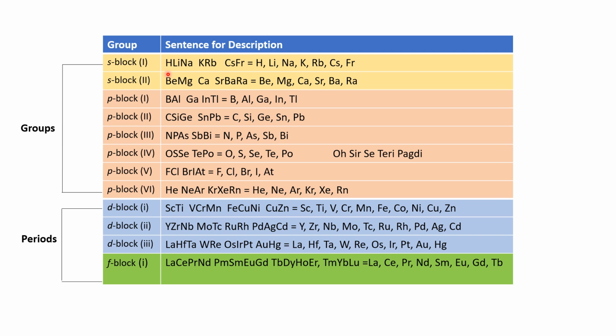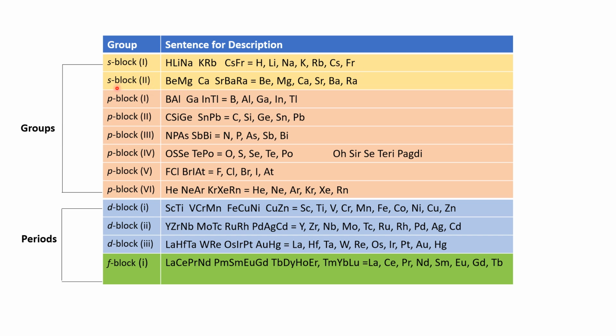In the first group of S block elements, we will make 3 words: Lena, Crab and Sulfur. Lena stands for hydrogen, lithium and sodium, while Crab stands for potassium and rubidium, and Sulfur for cesium and francium.